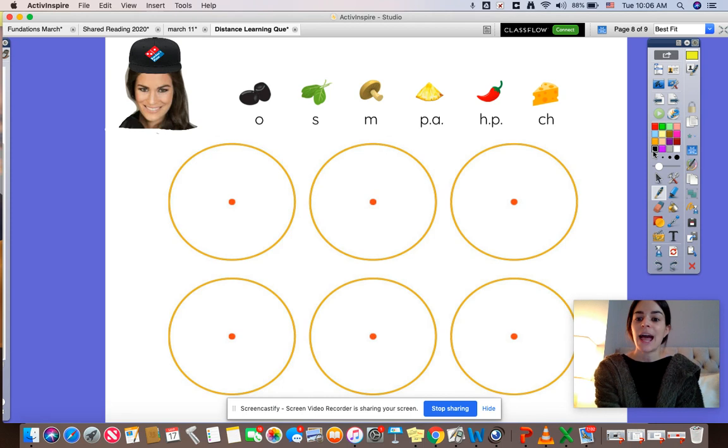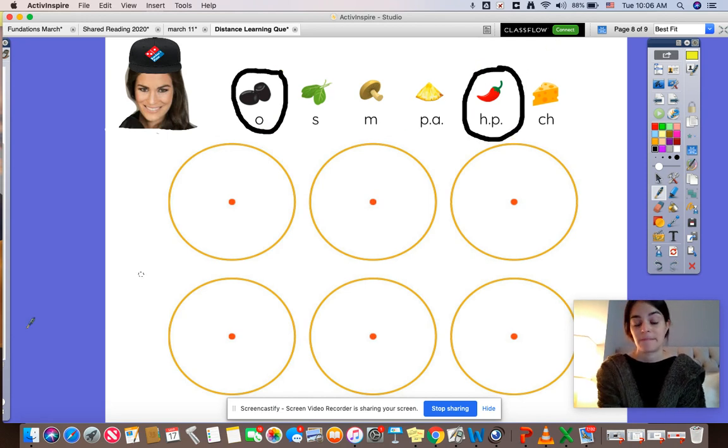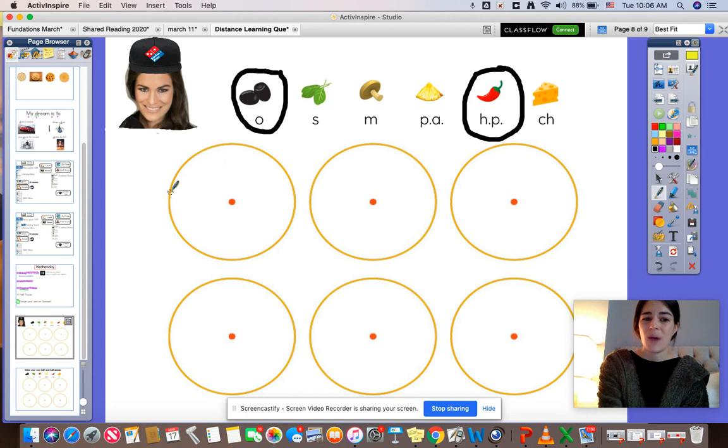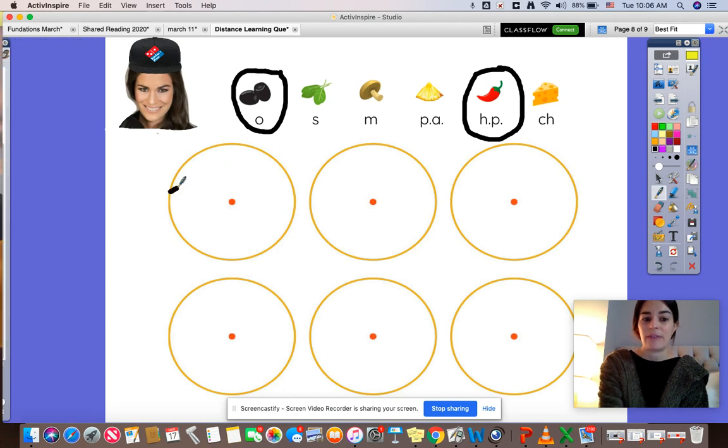So if I got an order for half olive, half hot pepper, I want to do my half over here and do half olive, make an O for olive, and half hot pepper.